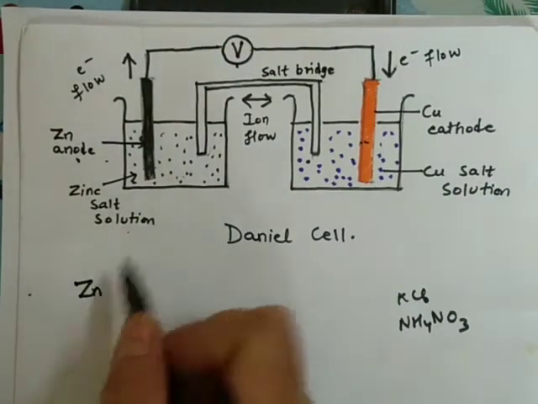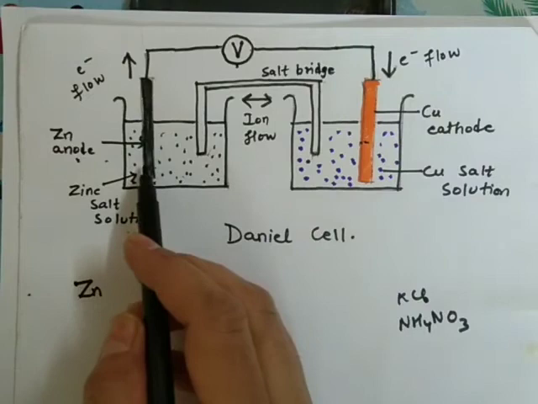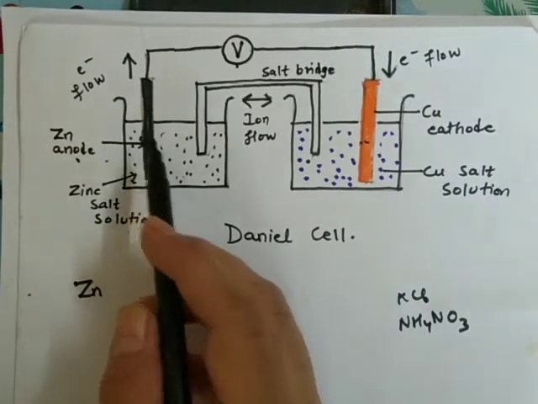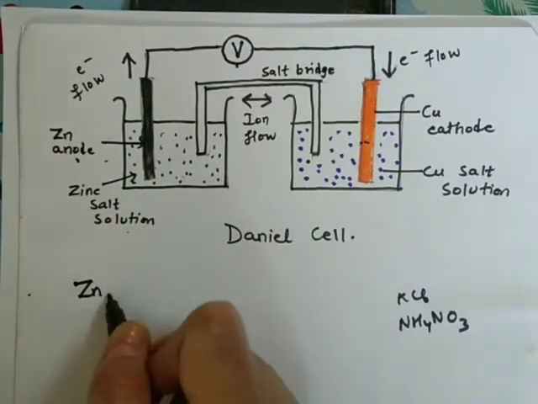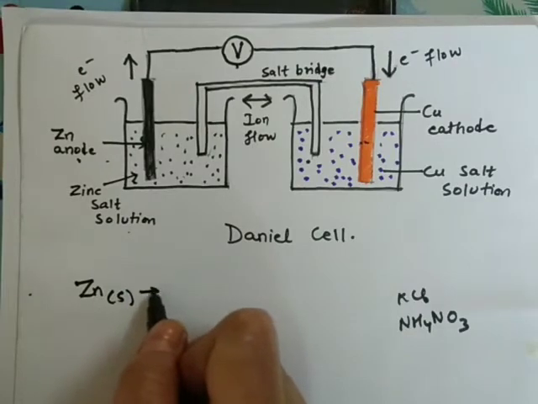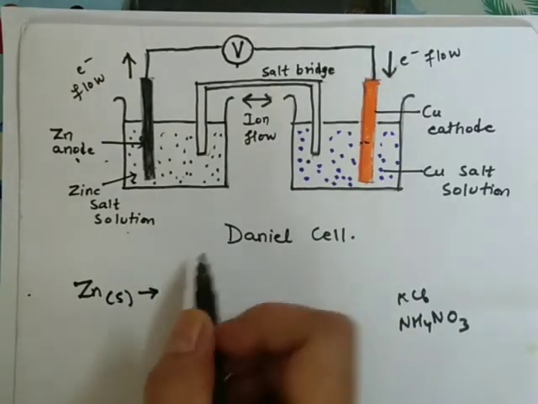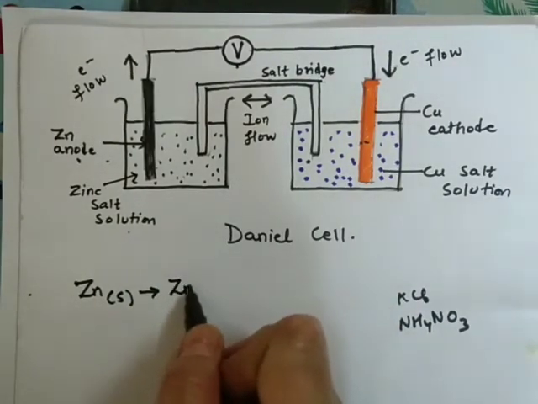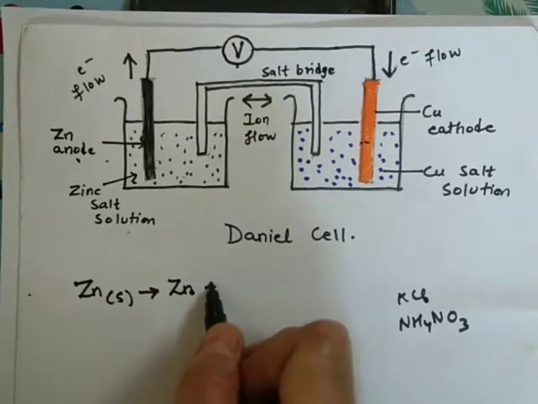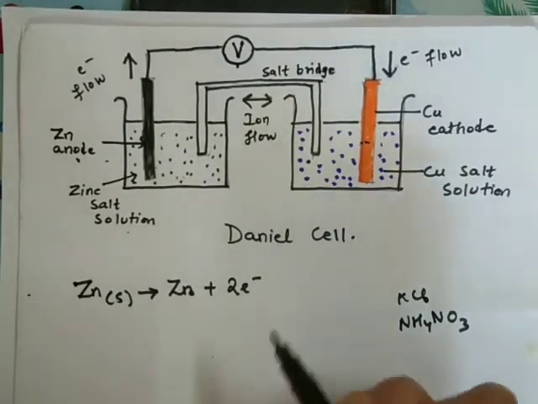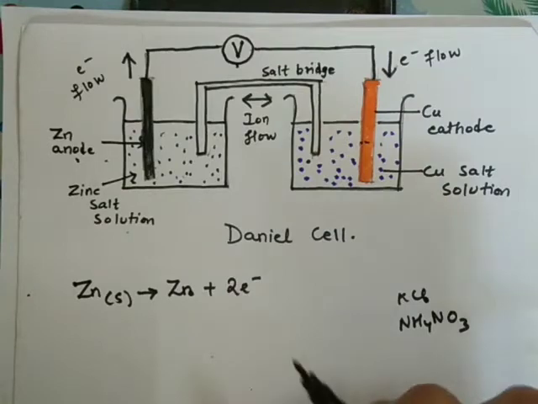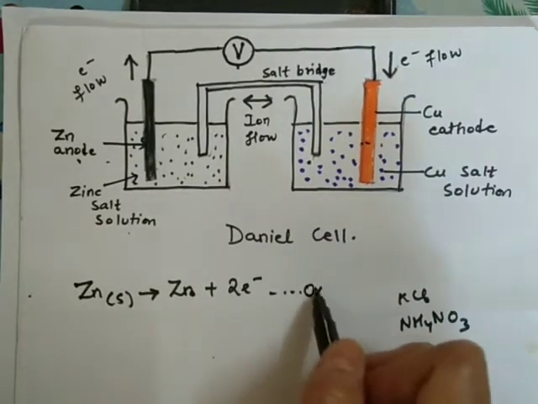Suppose I start with zinc. Zinc plate is consisting of what? Zinc atoms which are in the solid state. Now these zinc atoms, they undergo oxidation by loss of two electrons. We know loss of electron is nothing but oxidation.